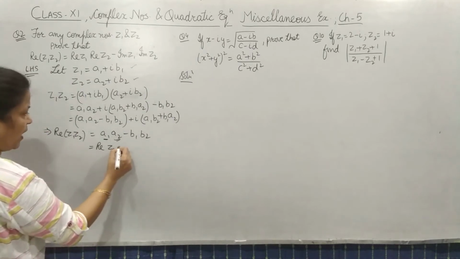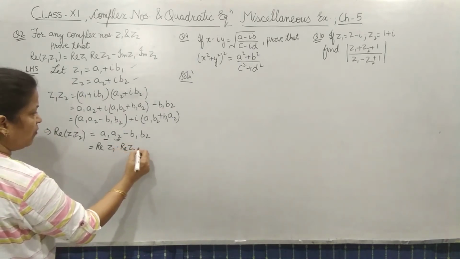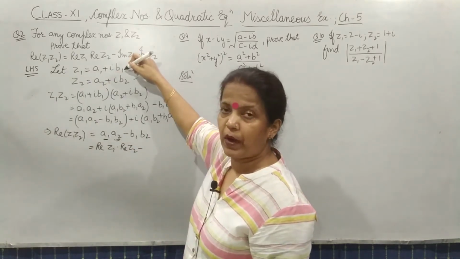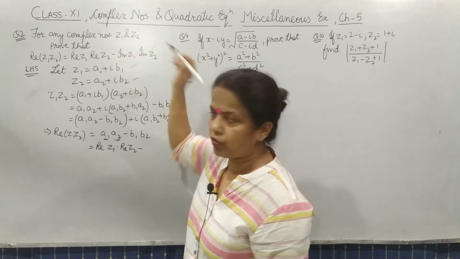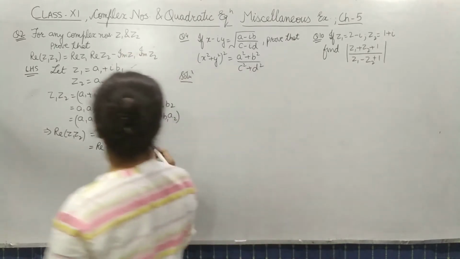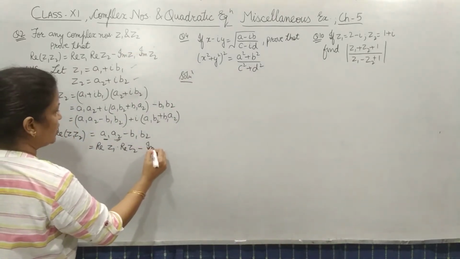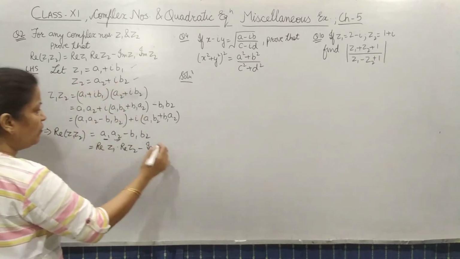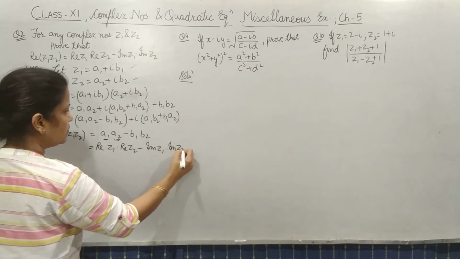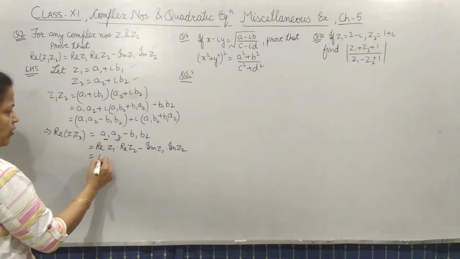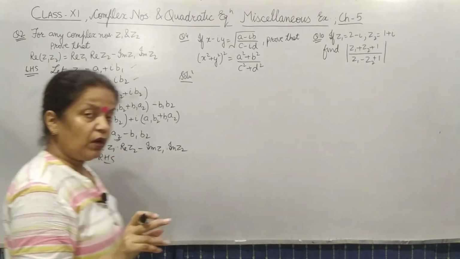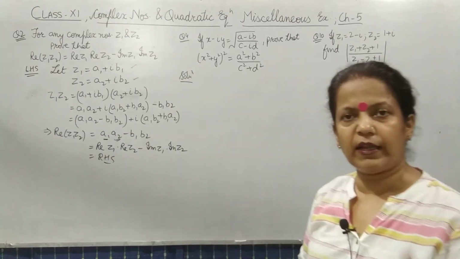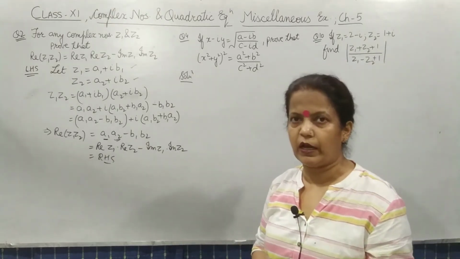So multiply real part of z2 minus b1. b1 is imaginary part because b1 के साथ iota लिखा है. So b1 is the imaginary part, so this is equals to imaginary part of z1 and b2 is the imaginary part of z2. And this only we have to prove. So this is equals to RHS. Or what else you can do? You can take LHS and RHS separately to get the answer.